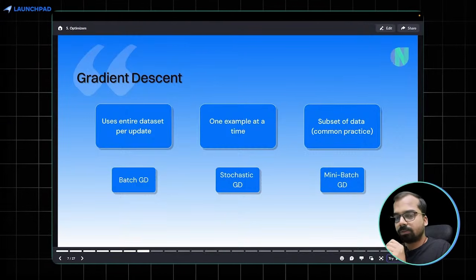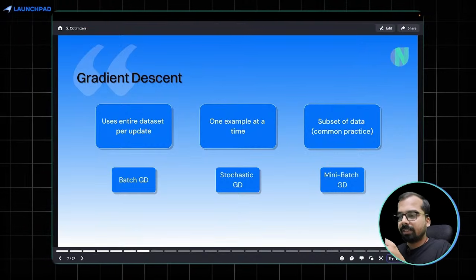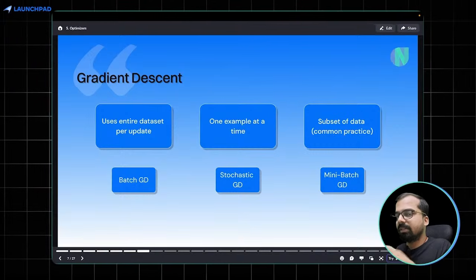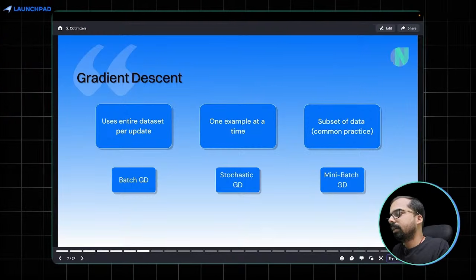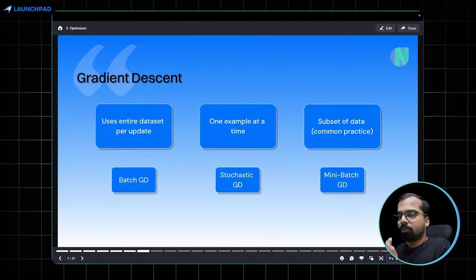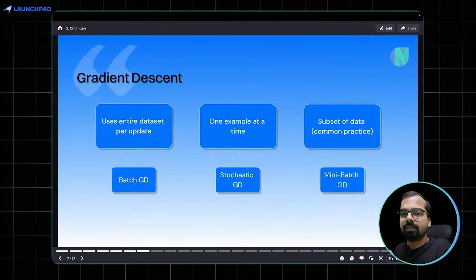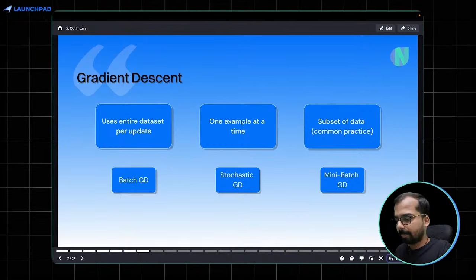But the problem with stochastic is that because you are making such frequent changes, the gradient descent algorithm will be subjected to very noisy updates. The benefit of both, that is, saving memory as well as smoothening the gradient descent, comes with mini batch gradient descent.